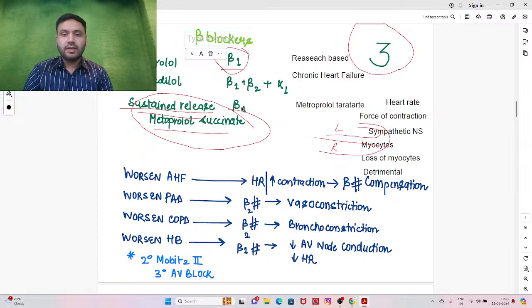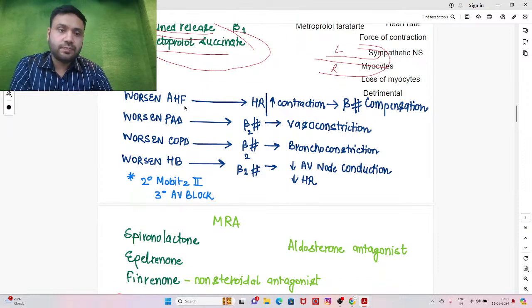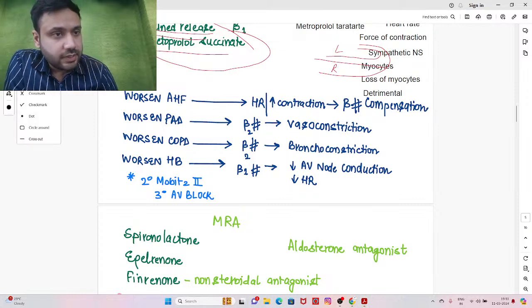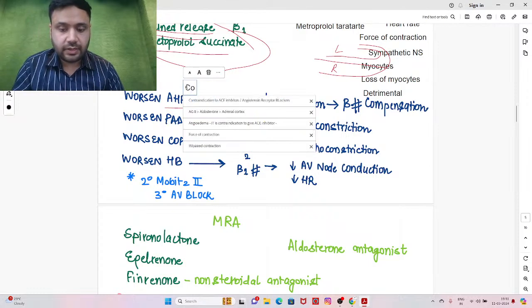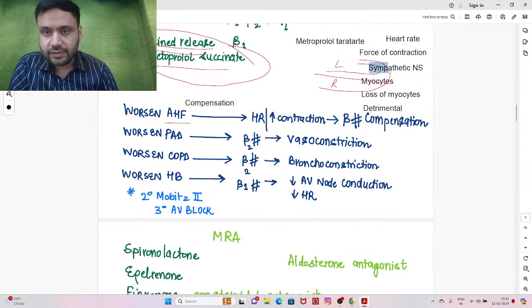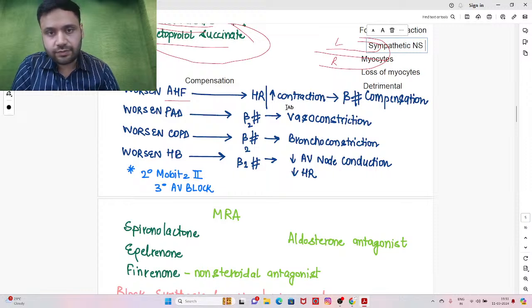Right? So the next thing to consider is the side effects. There are important contraindications which we should remember, which become part of the side effects of beta blockers. Normally, if a patient has acute heart failure, there is compensation via activity of the sympathetic nervous system, which increases the heart rate and force of contraction.